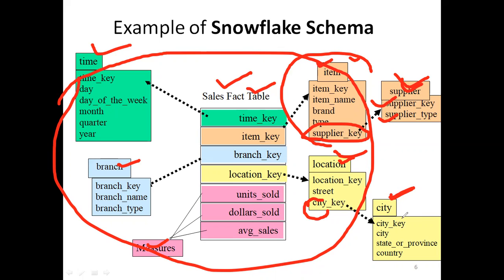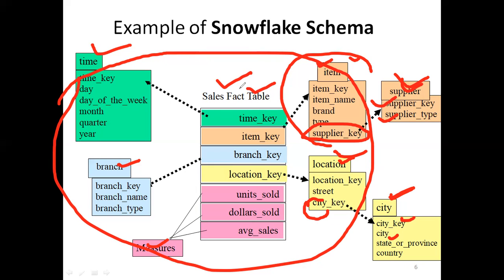And in the city, we have city key, city, state or province. Another thing we can add here, can anybody tell me what that will be? One more thing we will add to that location. No answer. I think I'll probably get the answer after this lecture.